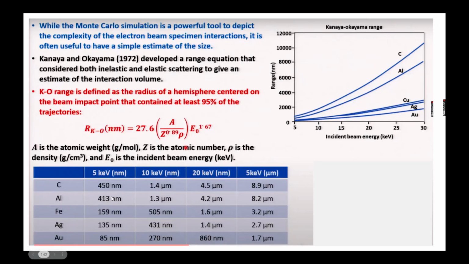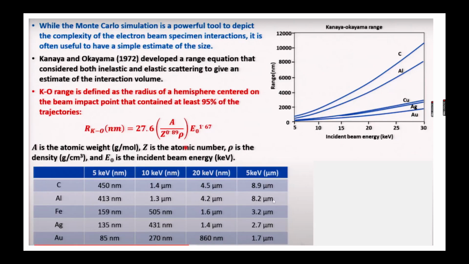So here you can see the size of the interaction volume is also increasing. So we can say that by keeping the atomic number constant, when we increase the voltage, the size of the interaction volume also increases from the nanometer to the micrometer range.